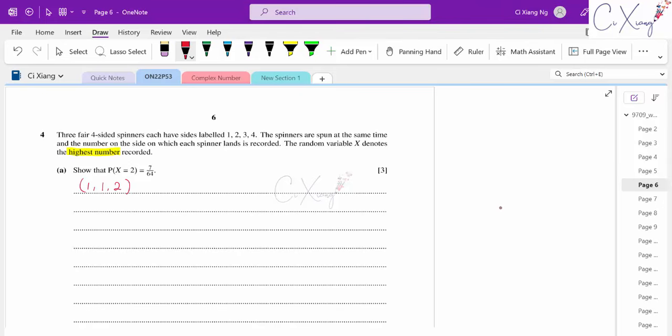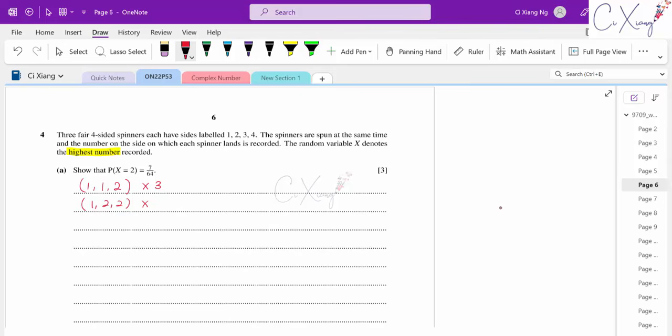Therefore, I make a note that for this case I need to multiply by 3 when we calculate the probability. Then what is the other possible result that I can have for x equals 2? Maybe I have 1, 2, 2. When my 3 spinners show the scores 1, 2, 2, my highest number is 2 as well. So I can have 1, 2, 2, also 2, 1, 2, and 2, 2, 1.